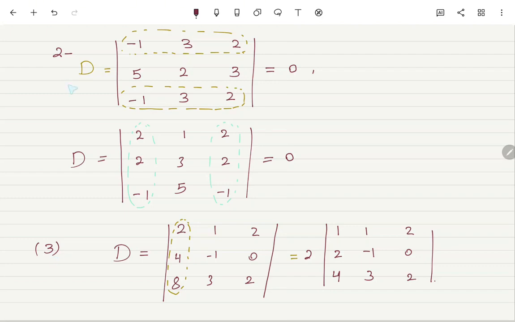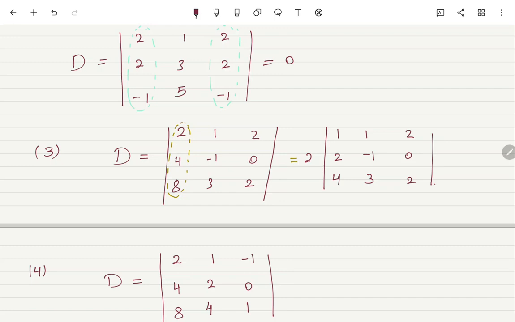Now the property 2 states that if two rows or two columns are identical, then the determinant equal to 0. And the third property, if a certain row or column is multiplied by a certain factor, then the value of the determinant is multiplied by the same factor.